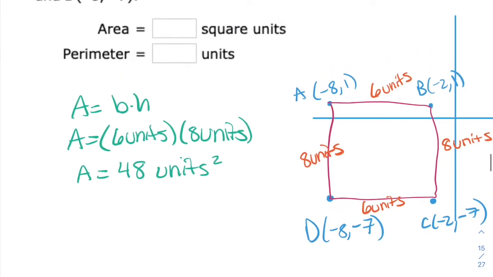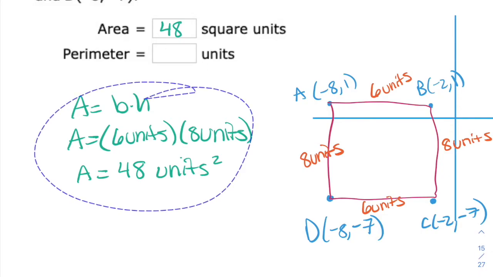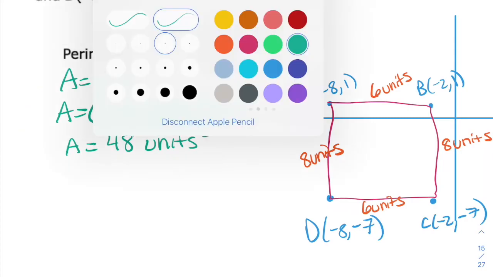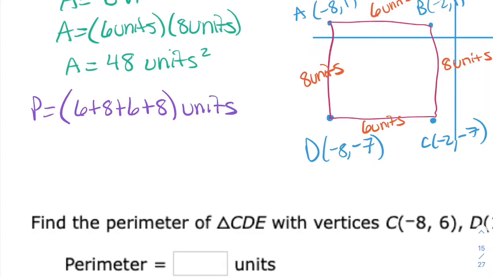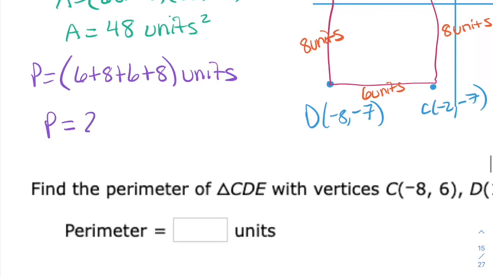Okay, so this is 48 units squared. And now perimeter is going to be 6 plus 8 plus 6 plus 8 units. So 6 plus 8 plus 6 plus 8 is 28 units.